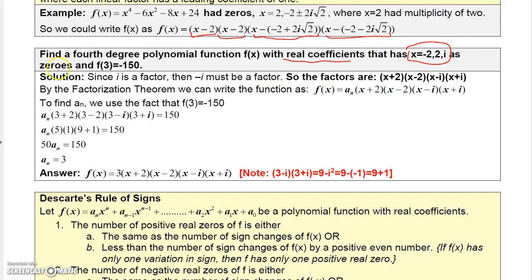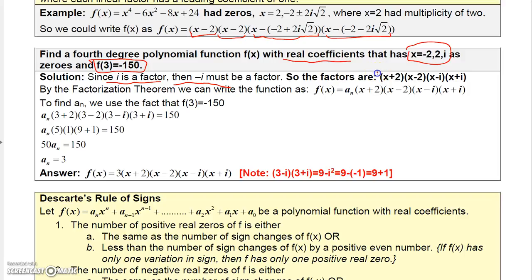And also we know that f of 3 equals negative 150. That's going to help us find the correct coefficient. Now, since i is a factor, then minus i must be a factor. Because remember, if a plus bi is a factor, then a minus bi is a factor. Well, i is like 0 plus 1i, so 0 minus 1i must also be a factor.